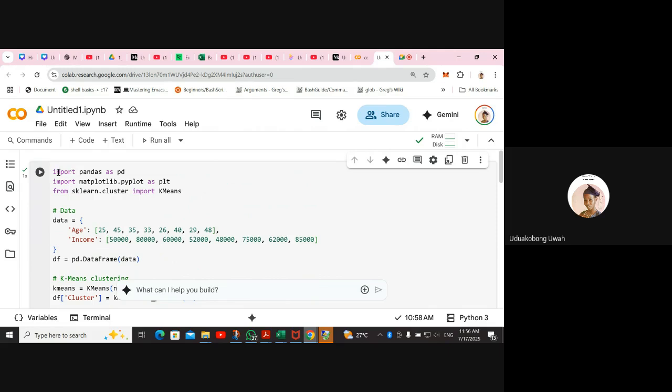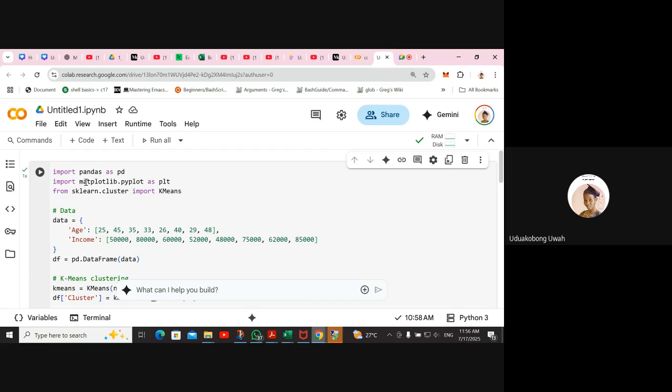Okay, so this part is where I import the necessary libraries that I use. Here I import pandas for data manipulation, because you know pandas is for data manipulation and efficiency. This will be used to create data frames.